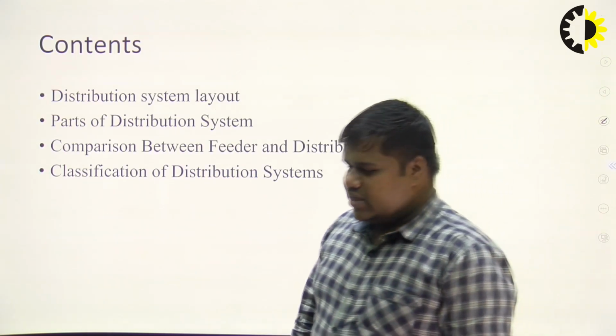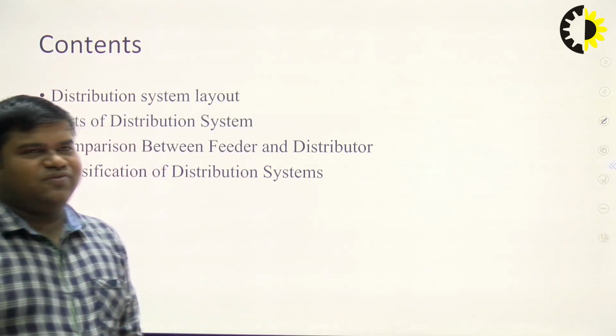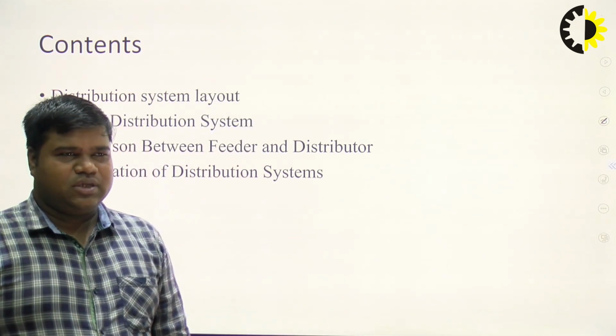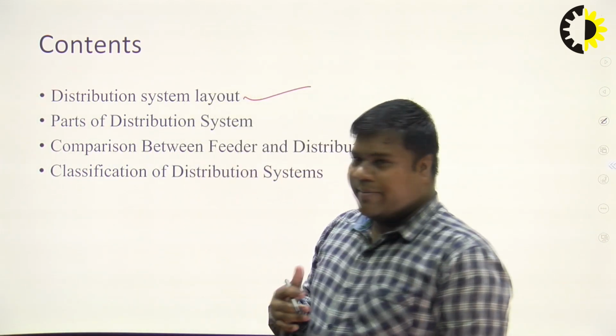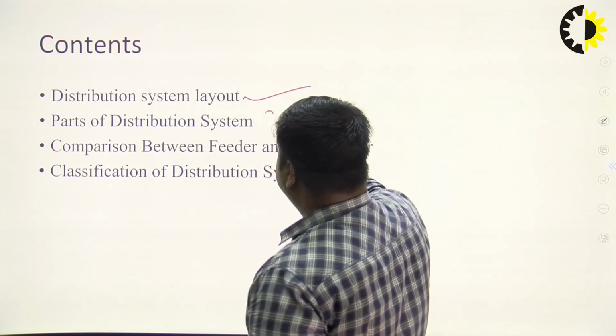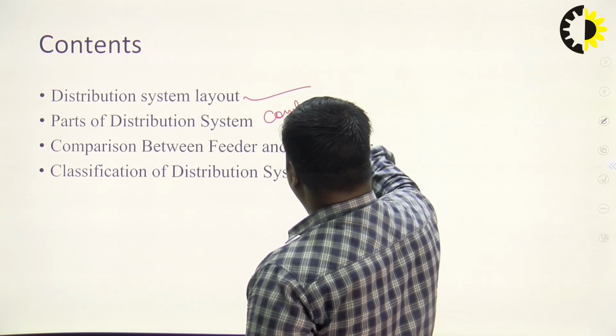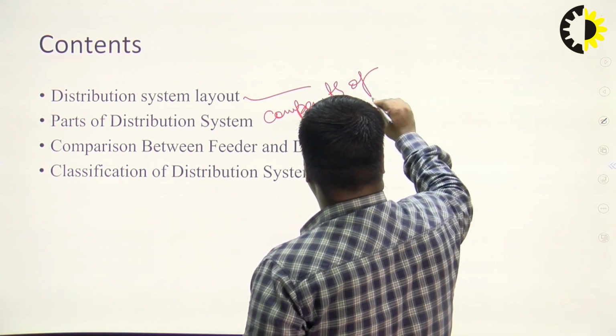In this series, as far as the content is concerned, the first one is distribution system, and the second one is the parts of distribution system, or we can say the components of distribution system.